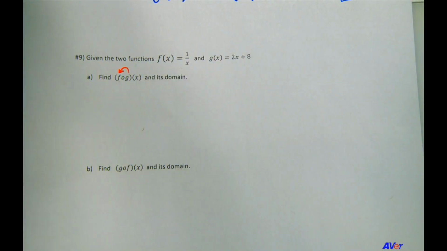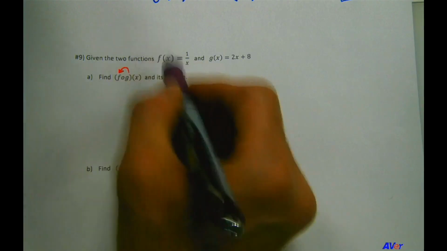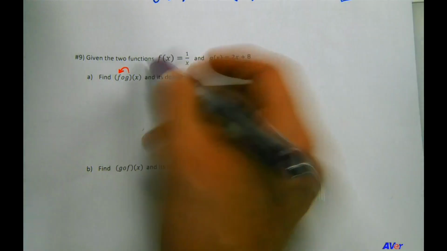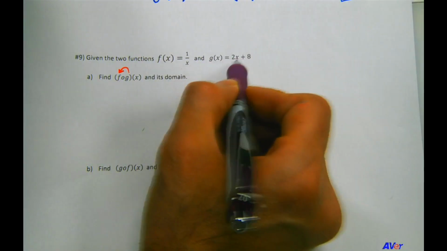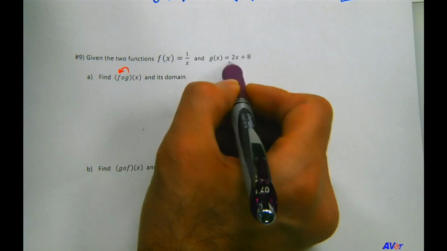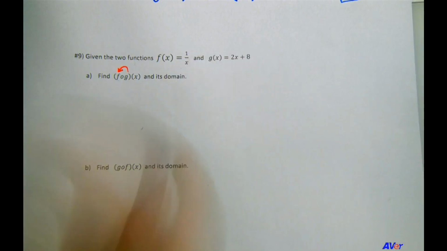When we talked at the beginning of this video about the domain of combined functions and composite functions, we said that the final domain of the composite function is the intersection of the domain of the function that is going to be placed inside the other function with the domain of the composite function. Just remember that as we calculate all of this.